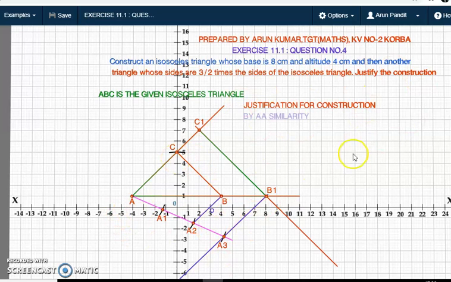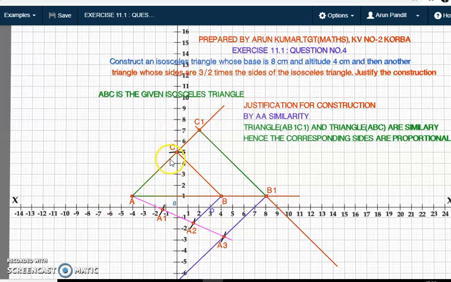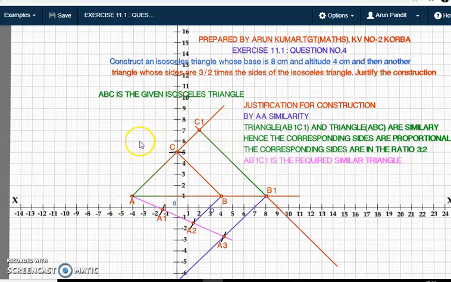Now how can we justify? By similarity. So you take these two triangles: the similar triangle AB1C1 and the given triangle ABC. In these two triangles, as this line is drawn parallel to this line, corresponding angle B equals angle B1, angle C equals angle C1, and angle A is common in both triangles.